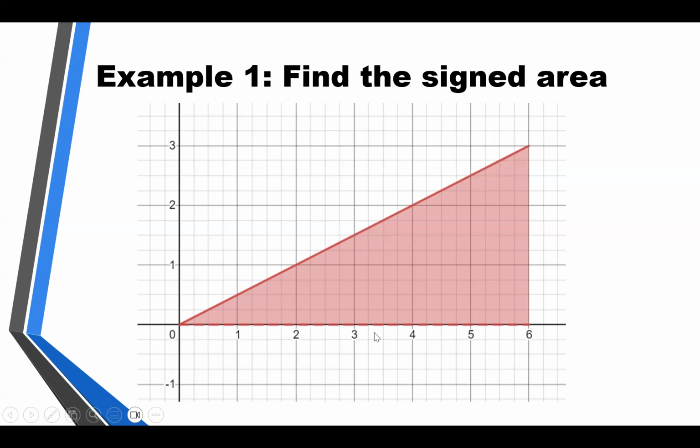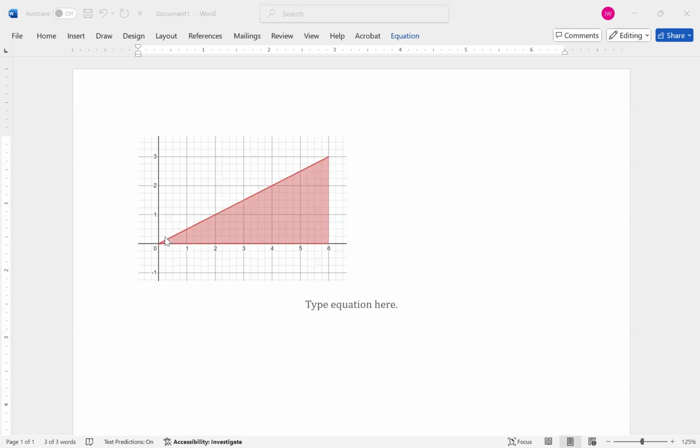And the area of a triangle is 1/2 times the base times the height. The base length here is obviously 6. The height is 3. It's a right triangle. So 1/2 times 6 times 3 is 9. So once again, we're calling it the signed area of the line.